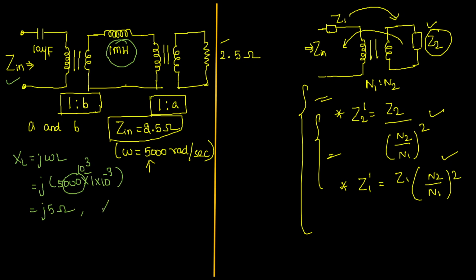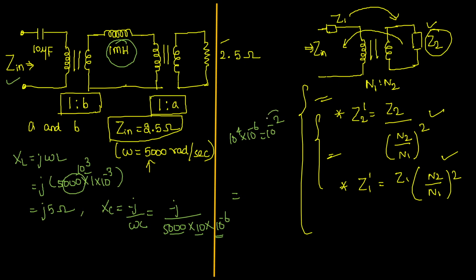Similarly, if we calculate the capacitive reactance, it can be written as minus j by ωC, or 1 by jωC. So minus j upon omega value, once again 5000, into 10 microfarad. Micro means 10 power minus 6. So 5 into 10 power 3 into 10 power minus 6 will be 5 into 10 power minus 3, or 10 power 4 into 10 power minus 6 will be 10 power minus 2. Bringing 10 power minus 2 to the numerator makes it plus 10 power 2.